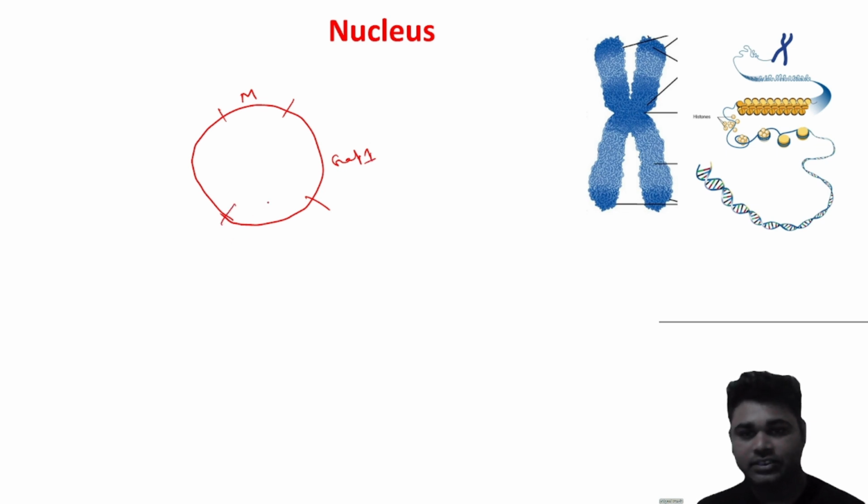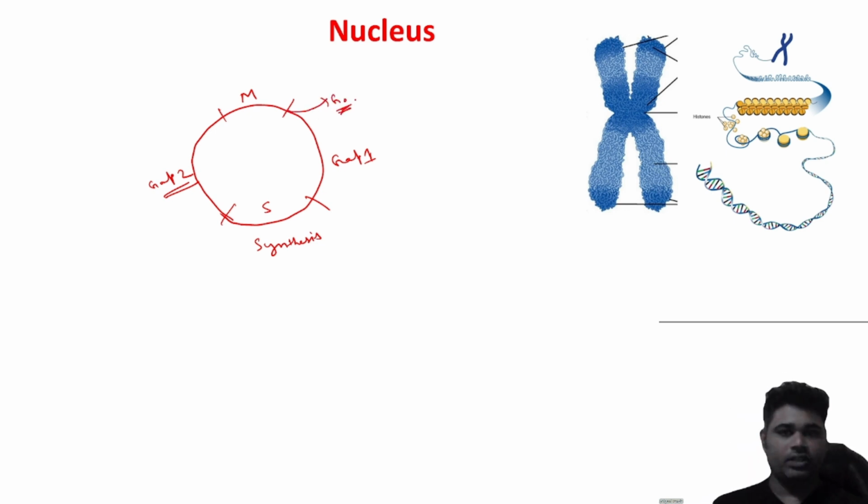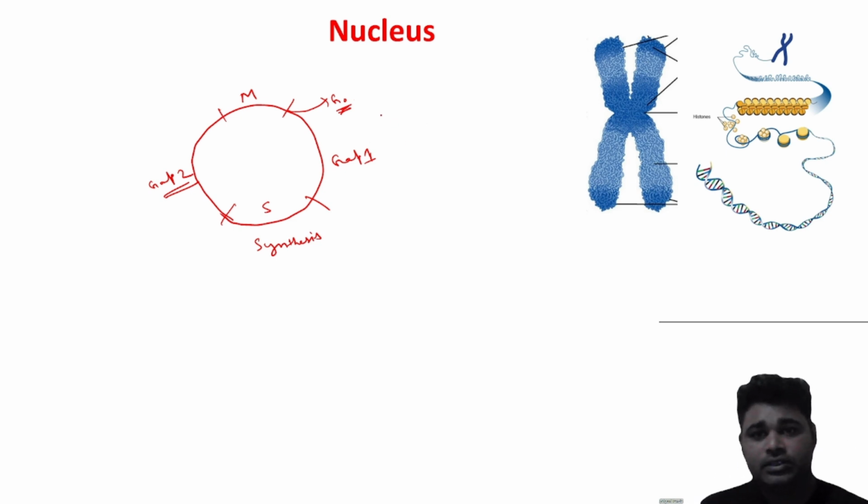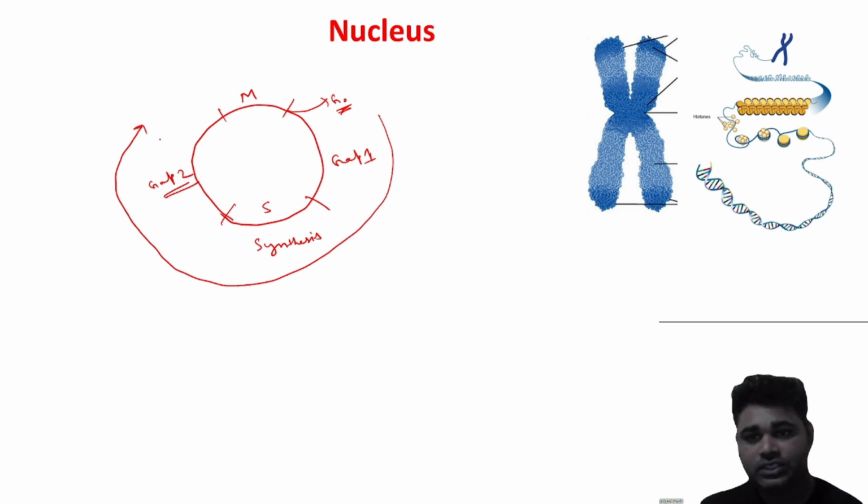This is called the S or synthesis phase, this is the gap 2 or G2 phase, and this is G0. Now these gap 1, S and gap 2 are called the interphase of the cell cycle, while the M phase is called the division phase.